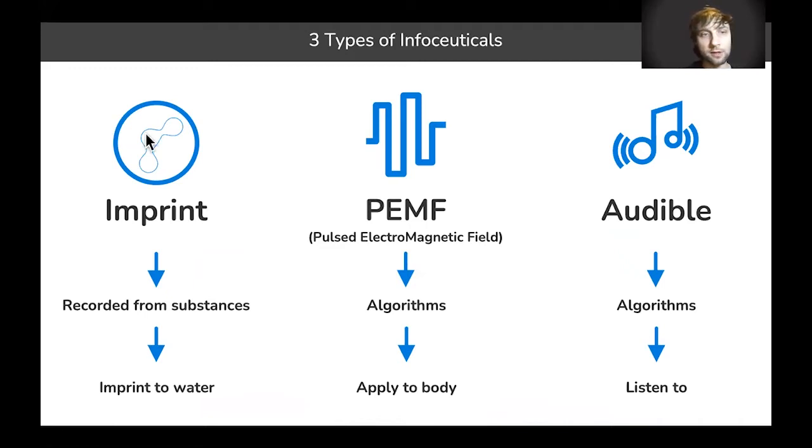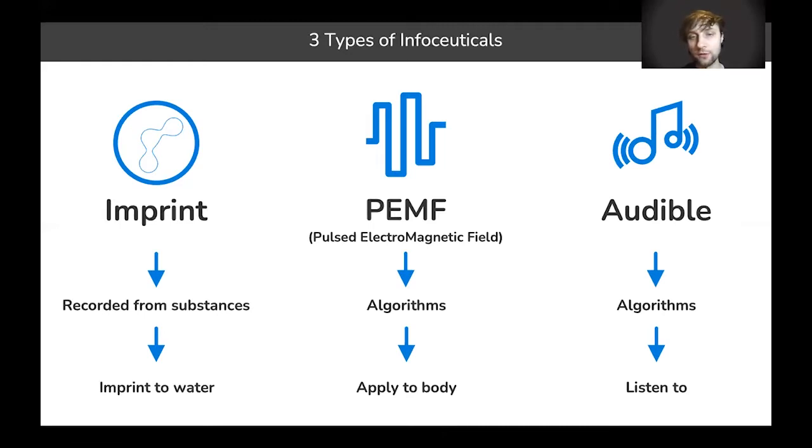For example, imprint ICs. You will see on the website that every signal has a little title. I'll also show it. They are marked with what type exactly that IC is. Imprint ICs are recorded from substances, and the best way of using them is to imprint them to water and then drink that water. PEMF ICs are not recorded from water.